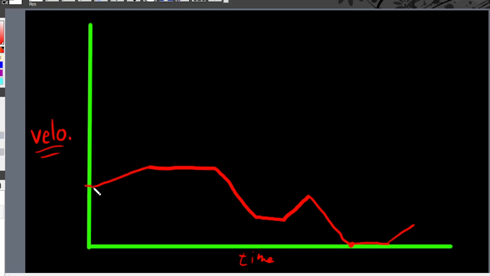The velocity is moving from this value up to this value. What do we call a change in velocity? Any change in velocity, yeah, that's an acceleration. And so we see that it accelerates between those two times.